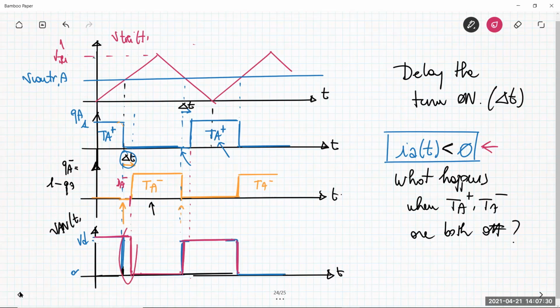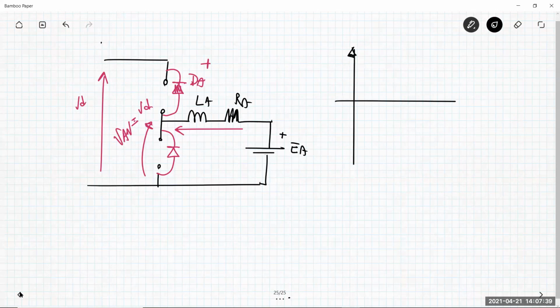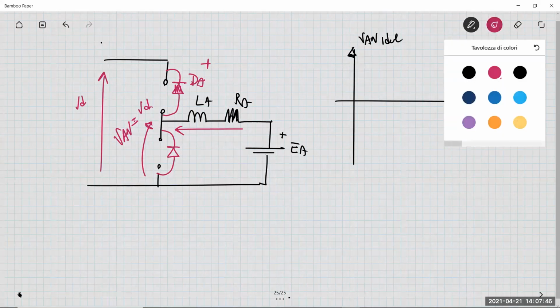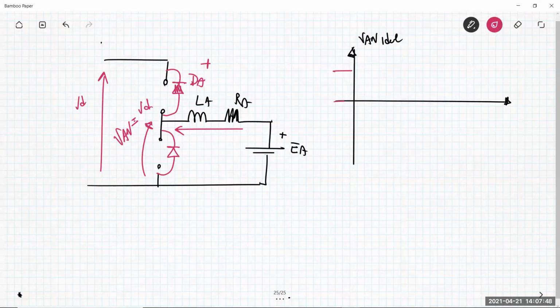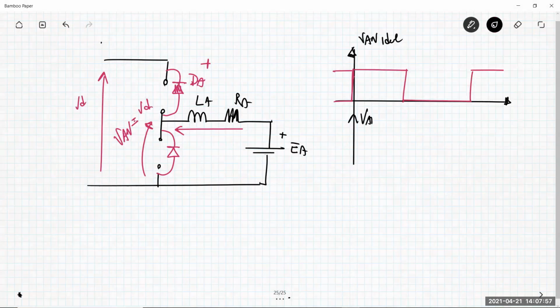So the difference is here now. If you compare these two situations, the ideal one, VAN ideal without any dead time, and VAN real, so with the dead time, you have something like this.